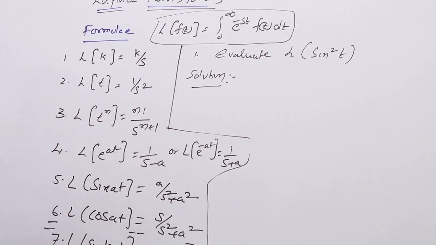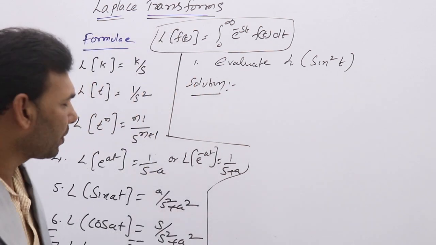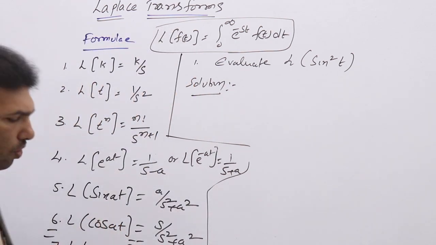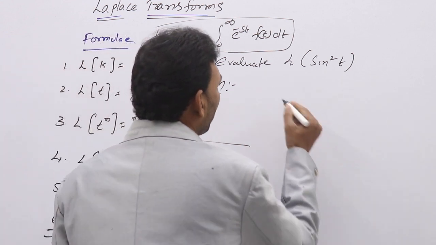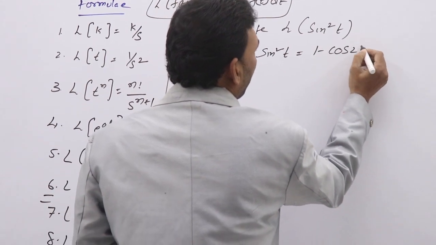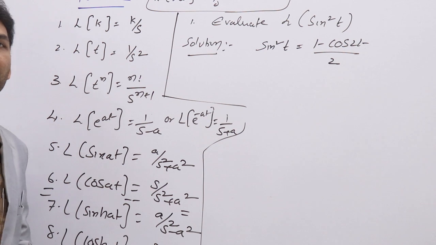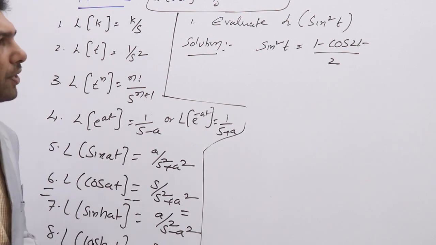Then you need to use some trigonometric formulas to convert sin square t in terms of sin or cos. We all know that sin square t equals 1 minus cos 2t by 2.